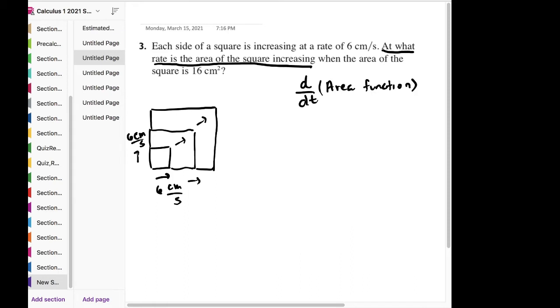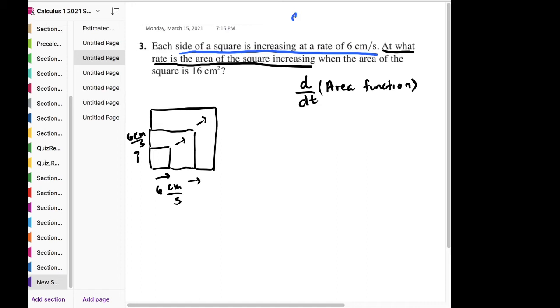Now, what math word does this mean? Each side of the square is increasing at a rate of 6 centimeters per second. Also derivative, yes.